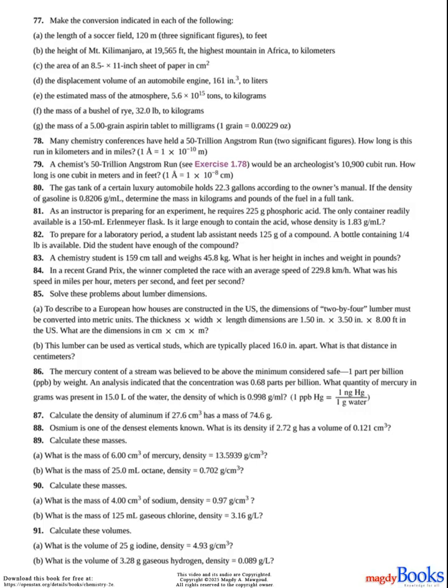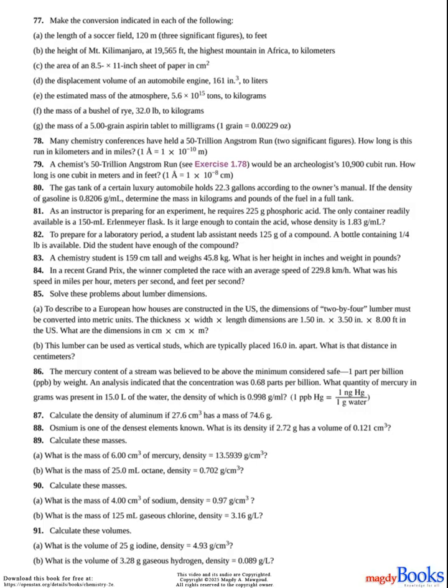86. The mercury content of a stream was believed to be above the minimum considered safe, 1 part per billion, ppb, by weight. An analysis indicated that the concentration was 0.68 parts per billion. What quantity of mercury in grams was present in 15.0 liter of the water, the density of which is 0.998 gram per milliliter? 1 ppb Hg equals 1 nanogram Hg over 1 gram of water. 87.